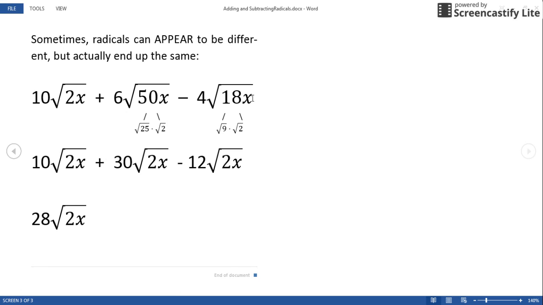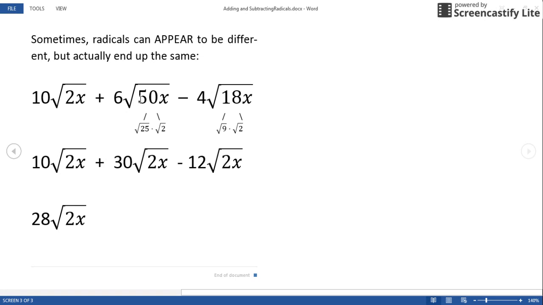But notice first, everybody here has an x that after we simplify would still be up under the radical. Notice that there is a 2 that is left with this one along with the x. So if I'm going to be able to add or subtract anything with this, I'll need to have a 2x left under the radical. Does 2 go into 50 and give us a perfect square in addition to it?